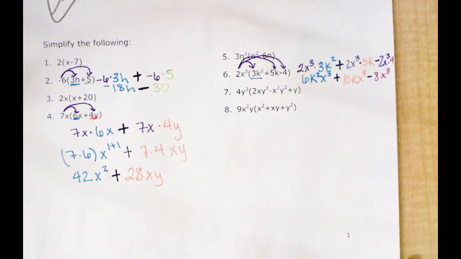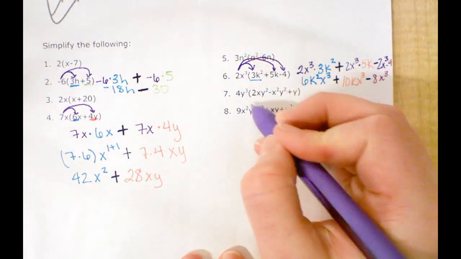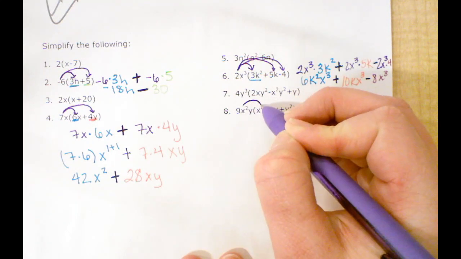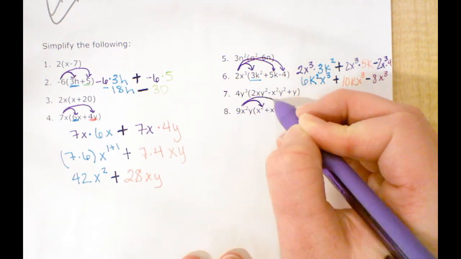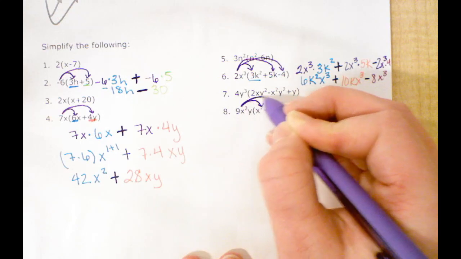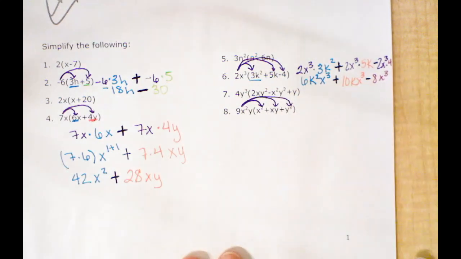All right, let's do number 8. So we're going to distribute our 9x squared y to everything in the parentheses.